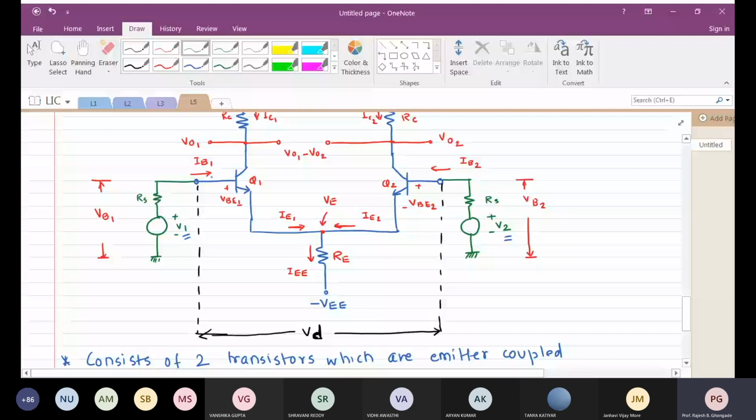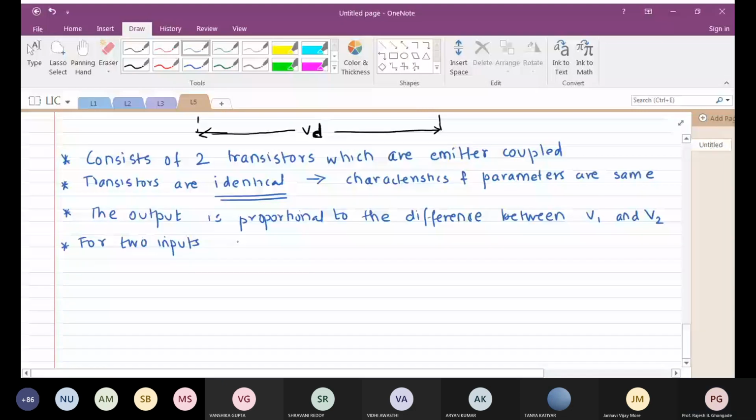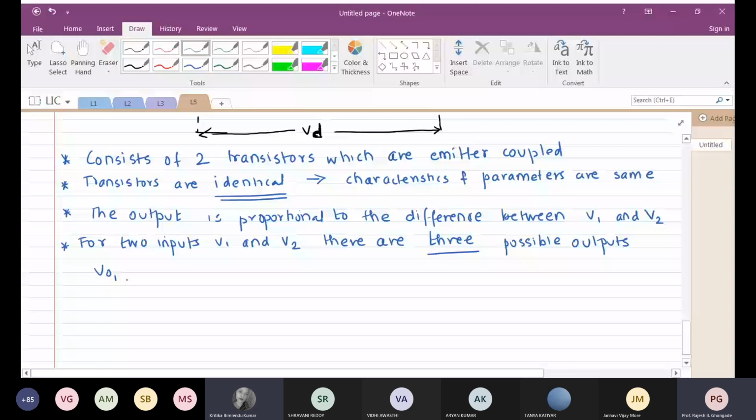So for two input signals, V1 and V2, there are three possible outputs, namely VO1, VO2, and you can also have VO1 minus VO2: one, two and three.